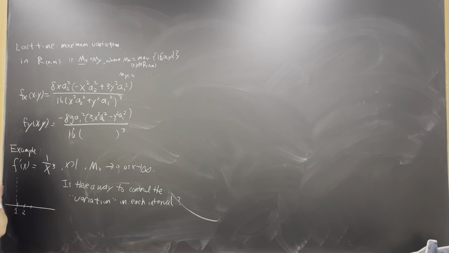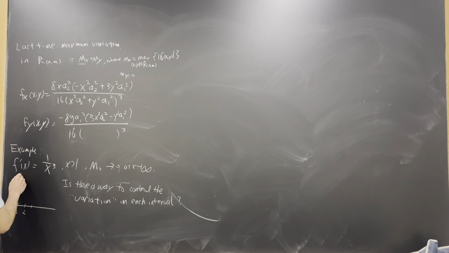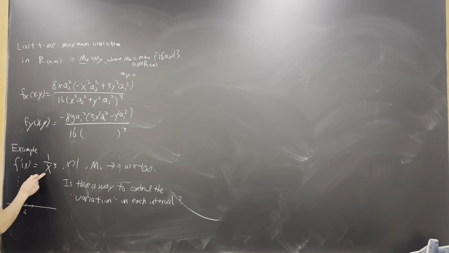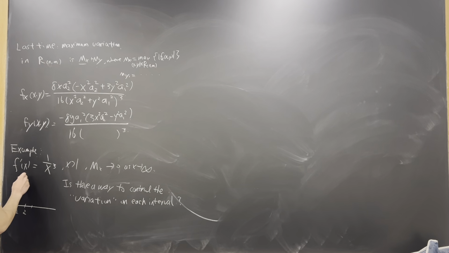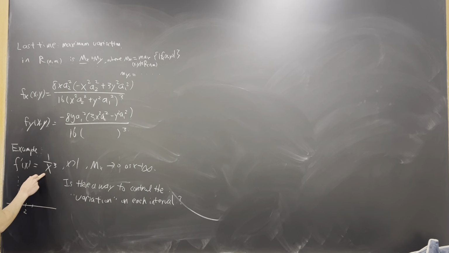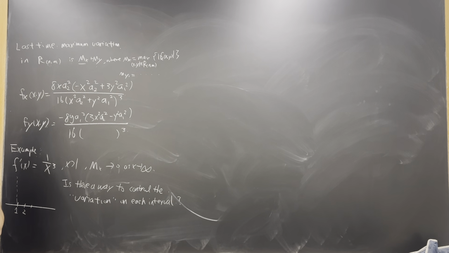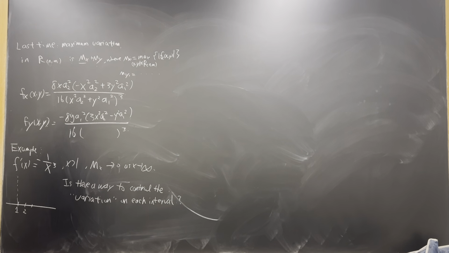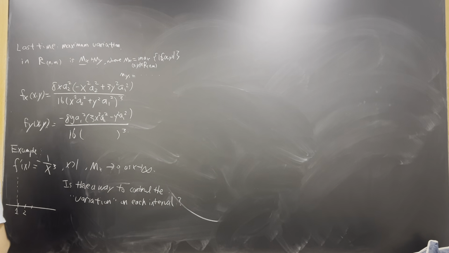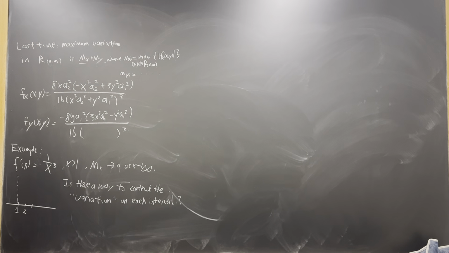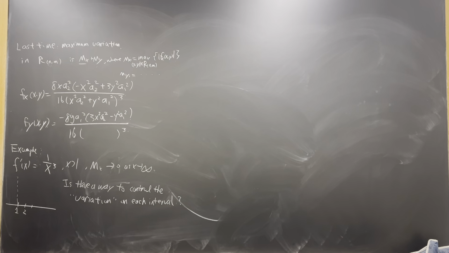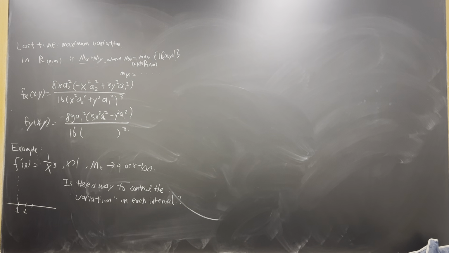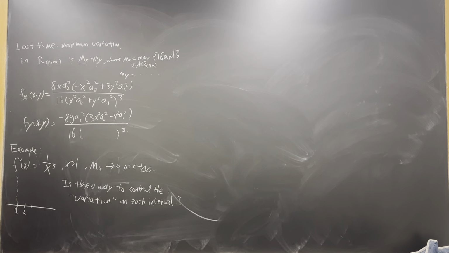Suppose this is the function: the derivative is positive, so the function is increasing, but maybe let's say negative. I think this is a very bad example because the function is actually negative.